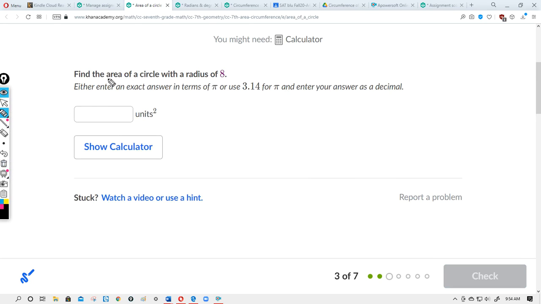Find the area of the circle with radius 8. So we said area equals pi r squared. We said pi was 3.14. And the radius r equals 8, so that's going to be 8 squared. So that's 3.14 times 64.